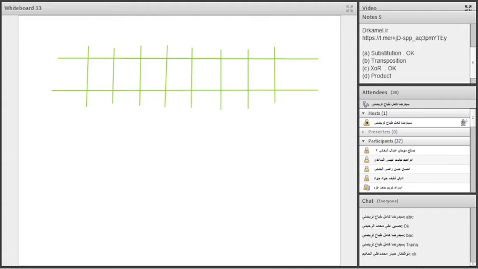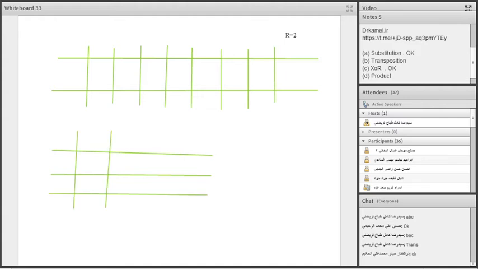Whatever is easier for you to remember. For this one, R is 2. I can draw another fence or rail. For this one, R is 3.